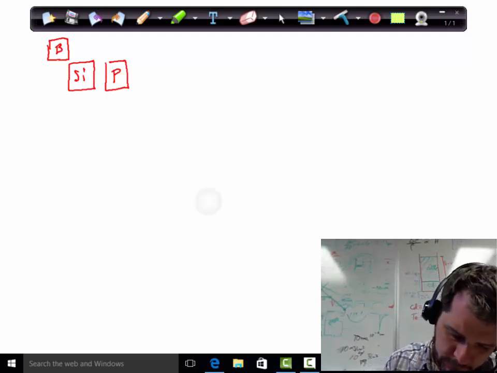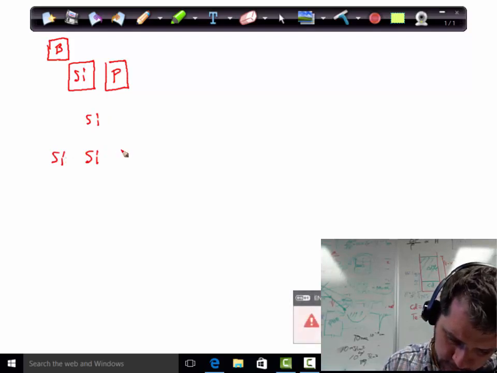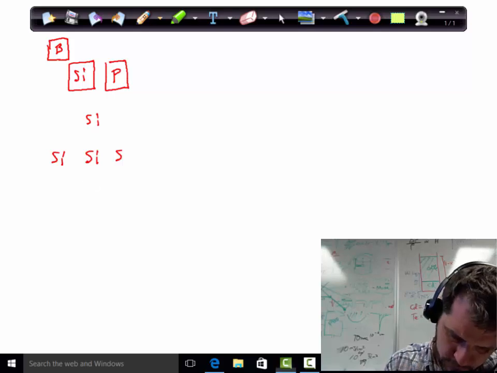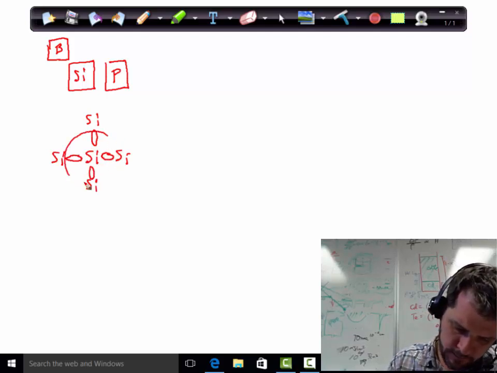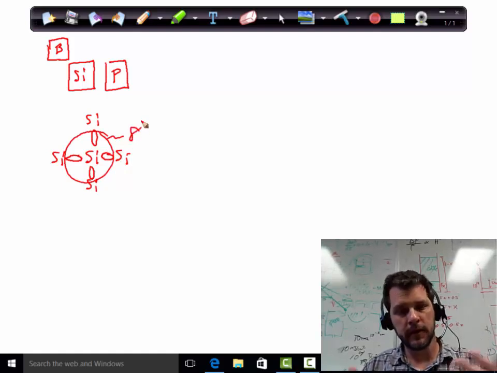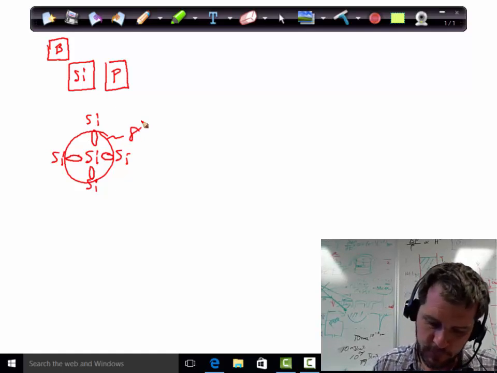So if we have a silicon crystal, each one bonded to 4 nearest neighbors, that means there's 2 electrons in each one of these chemical bonds between them, making 8 electrons in the so-called Lewis octet of that central silicon atom.